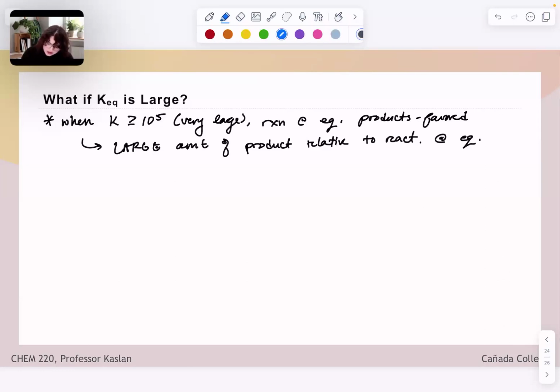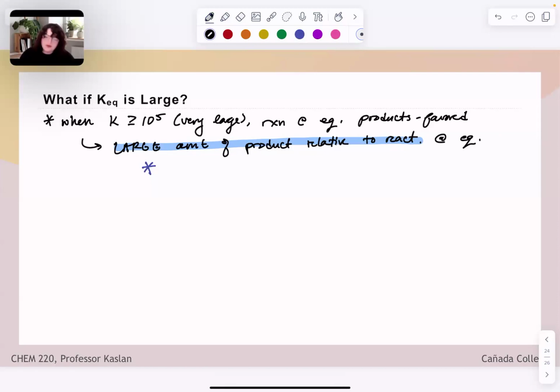And my question for you is, have we seen in our chemistry careers a chemical reaction that winds up with a huge amount of product compared to the amount of reactant that was present to begin with? If you think back to your Gen Chem 1 journey, you'll probably realize that, oh yeah, that's how we thought of every single chemical reaction.